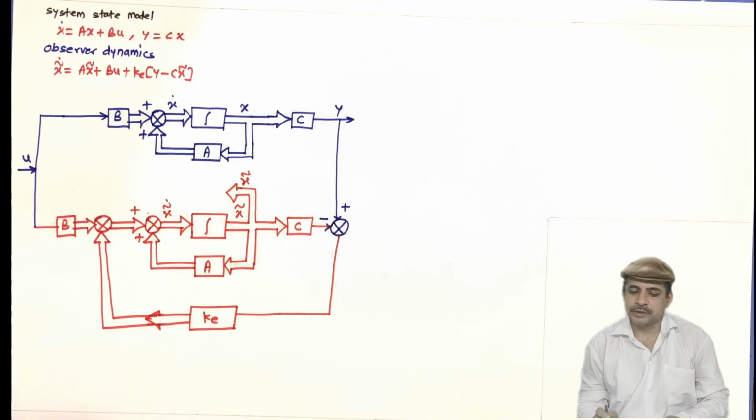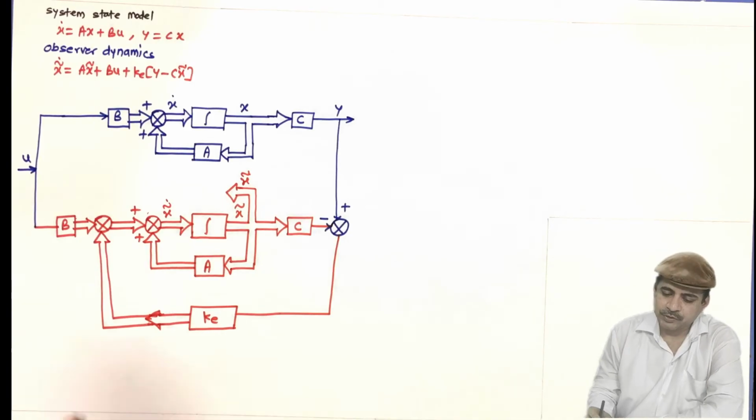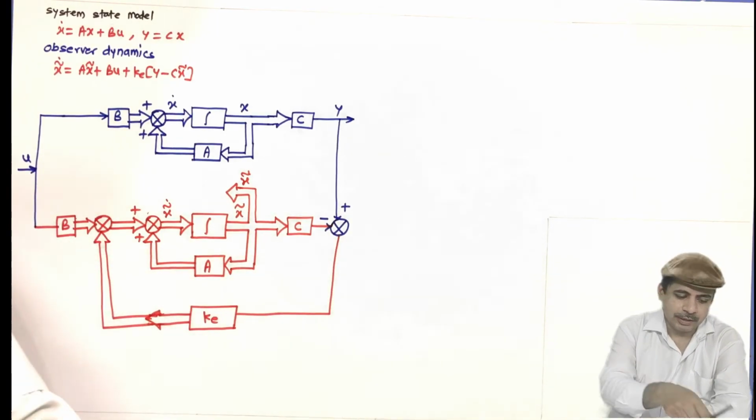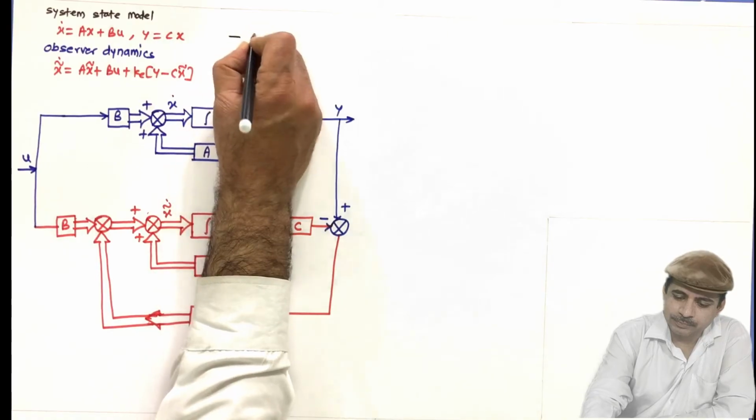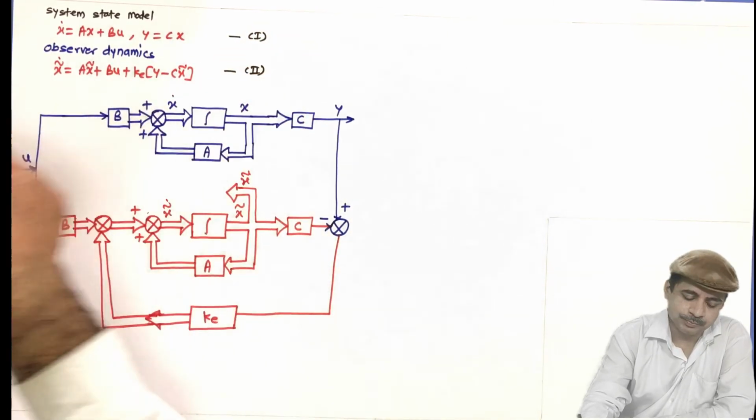In this case, now let us derive its overall dynamical model. So I will call this equation 1 and I will call this equation 2.